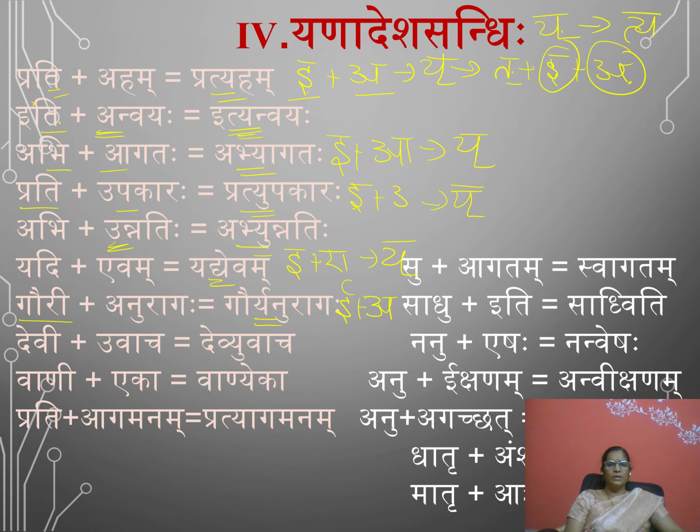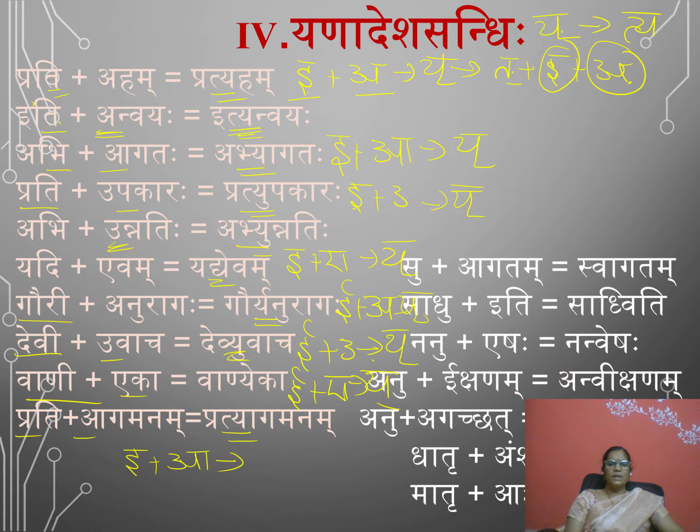Then we got Ya, Gauryanuragaha. Devi plus Uvacha. First word ended with E, second word started with U, vowel. Then Ya we got, Devyuvacha. Here Ya you can see. Vani plus Eka. Word ended with E, second word started with A. Then we got Ya, Vanyeka. Prati plus Agamanam. Word ended with E, second word started with dissimilar vowel. Then E plus A, Pratyagamanam.